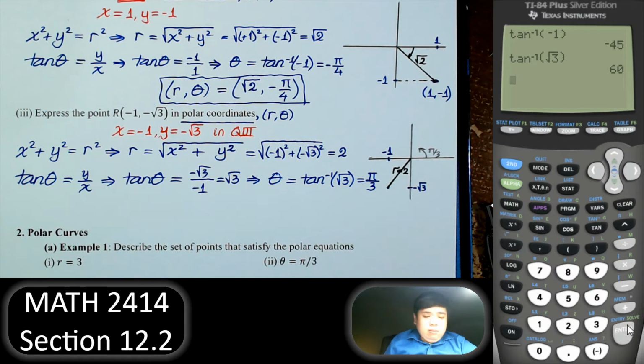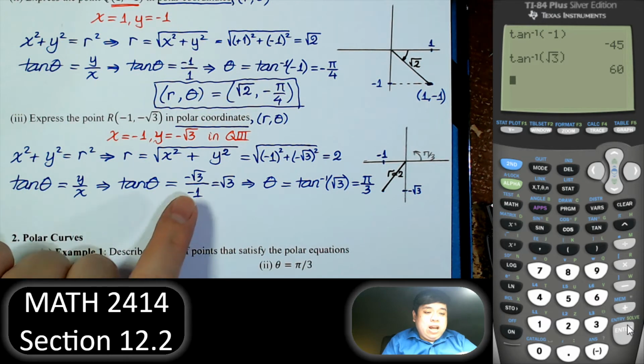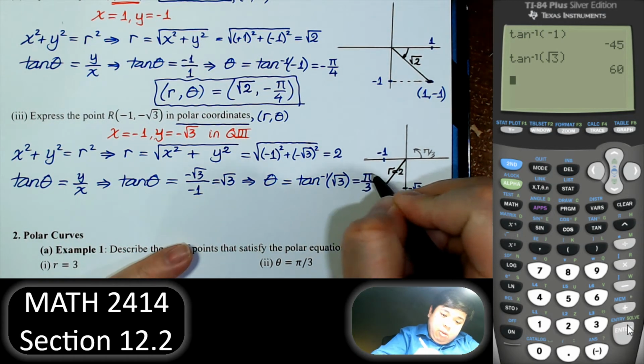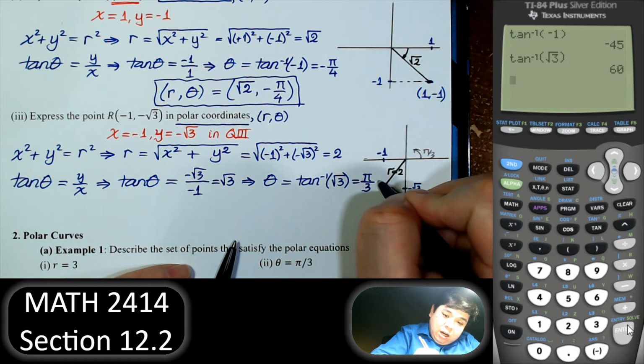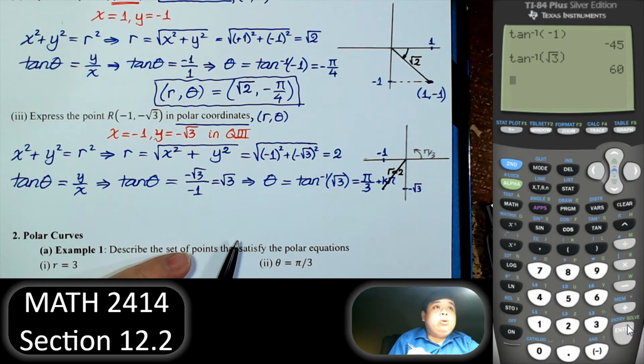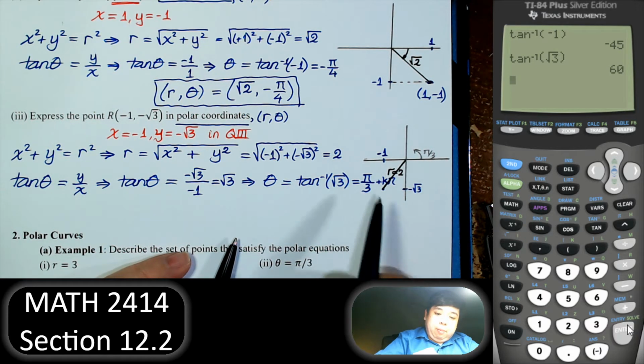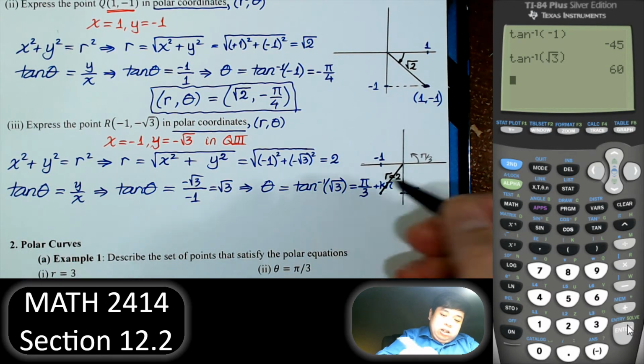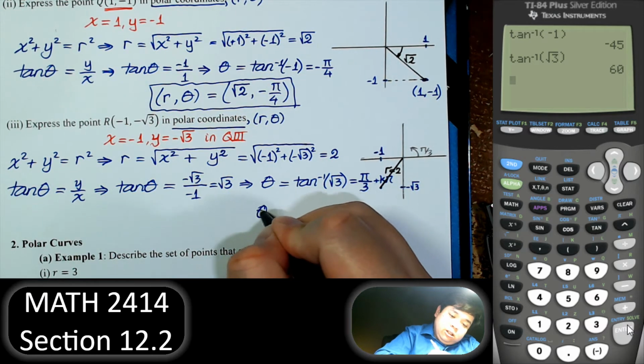Right. So when we have tangent equal to something, when we take the tangent inverse, remember the period of tangent is pi. So potentially we can have pi over 3 plus a multiple of pi if we need to. And in that case we choose some value for k so that this will be in this quadrant. But usually if it is not in the right quadrant, we're just going to add a pi to it.